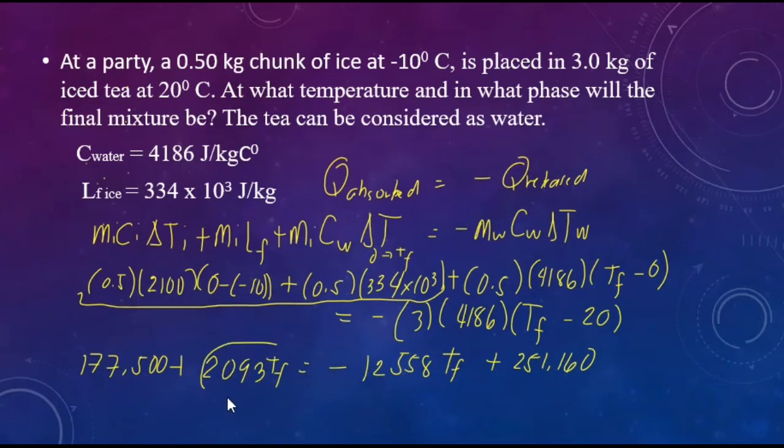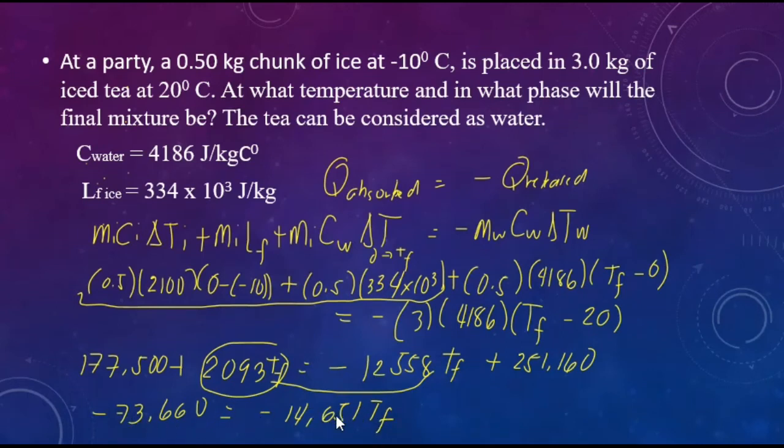So here, we'll place it on the other side. And then this one, combine it there. So you will now have negative 73,660 equals negative 14,651 TF. Okay, so try to solve it also.